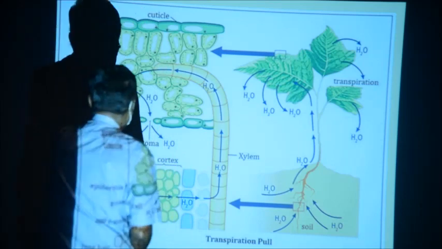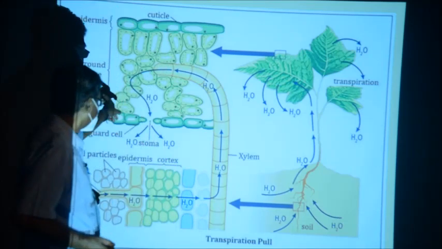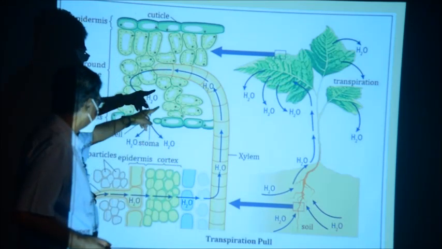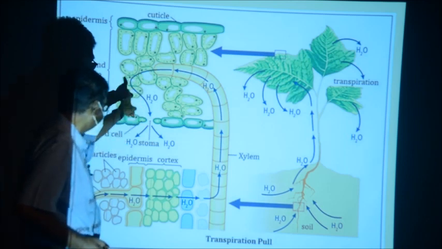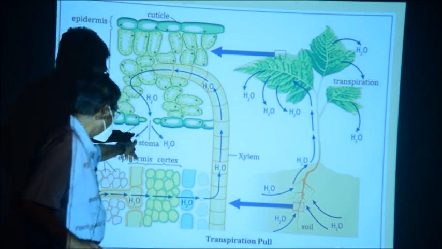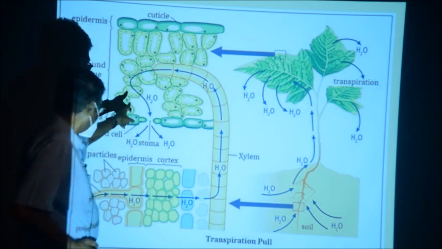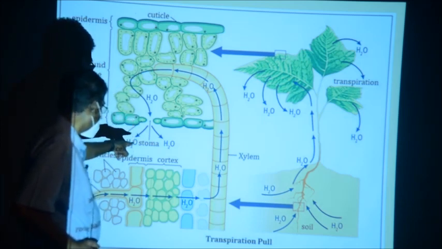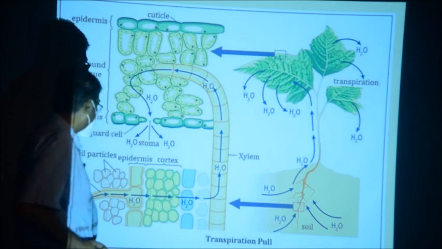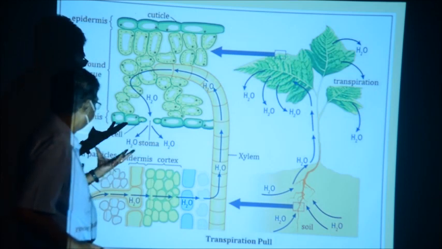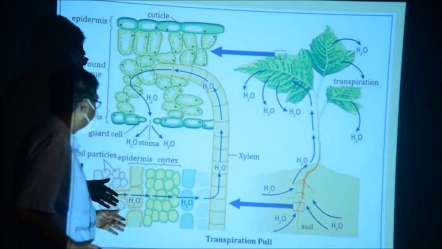Now inside the mesophyll cells there is transpiration. The stomata are on the lower surface of the leaf, and water moves out of the stomata because of transpiration. That creates a transpiration pull. How is the pull created?